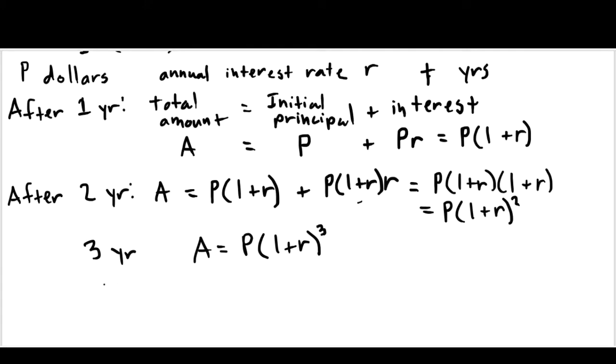Extending that out to an indefinite number of years, you get A equals P times 1 plus R raised to the power of T, where T is the number of years that the money is invested. This is an exponential function because the exponent is a variable, in this case T, which represents a quantity of time.